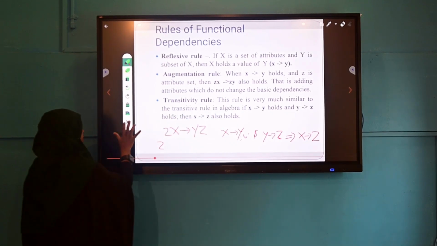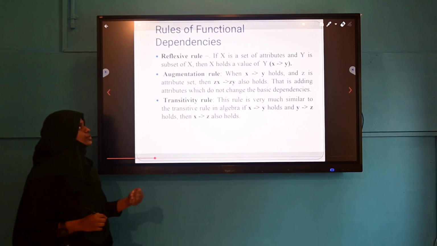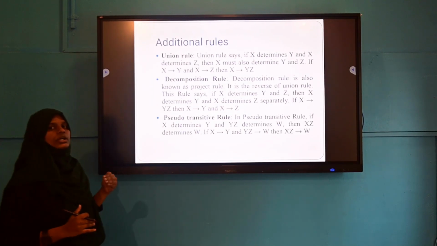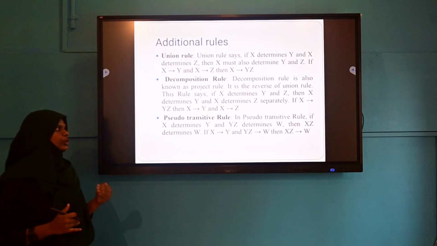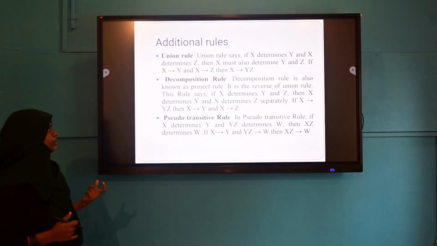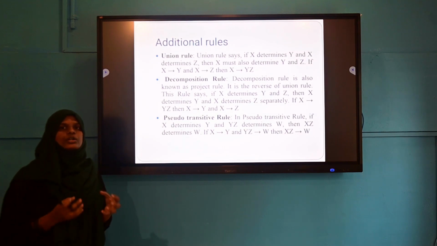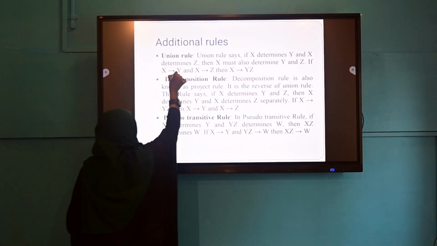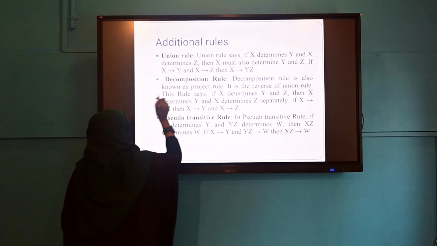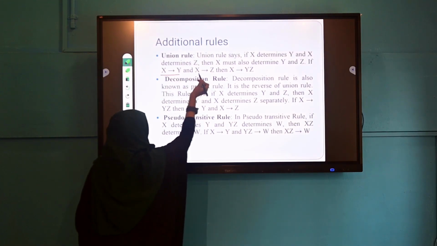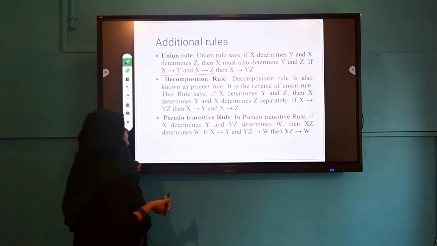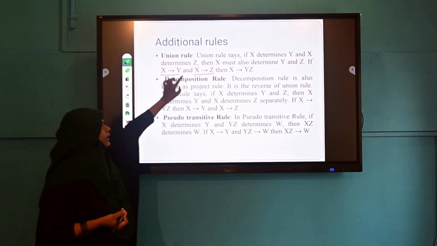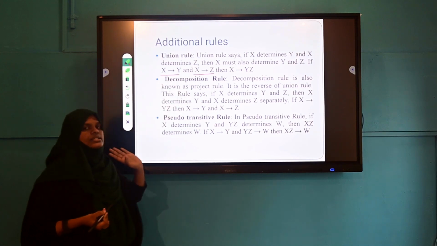Then next we have some additional rules on functional dependency: union rule, decomposition rule and pseudo-transitive rule. Union rule means we are combining two functional dependencies. We have two functional dependencies, X gives Y and X gives Z. In both cases the left side contains the attribute X and the right side is different.